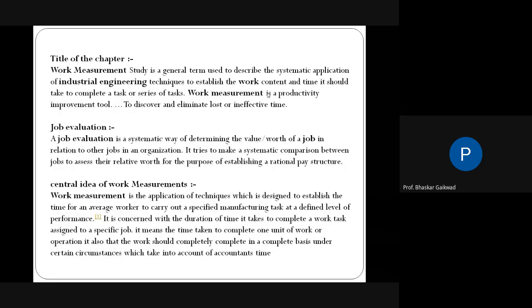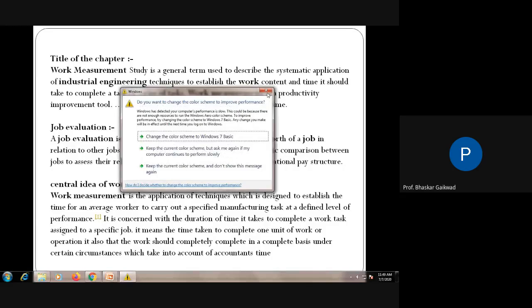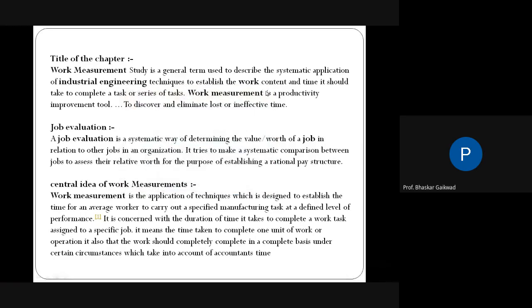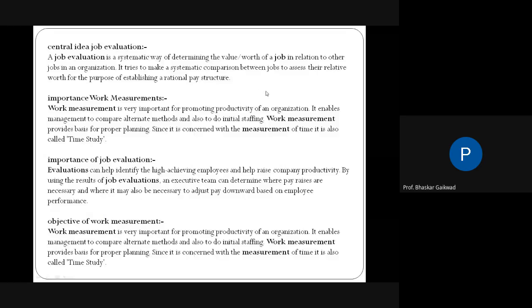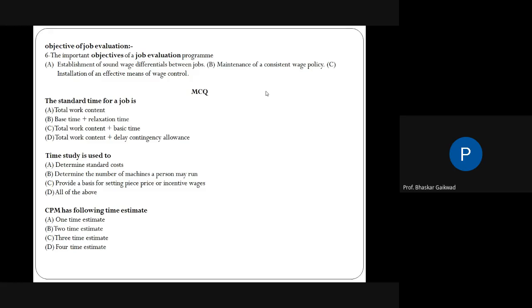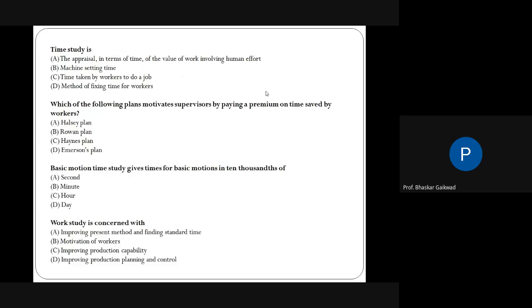It is given as job evaluation and merit rating. So this is the central idea. Then the importance and objectives of this, and multiple choice questions related to this. And at last, this is the assignment question.